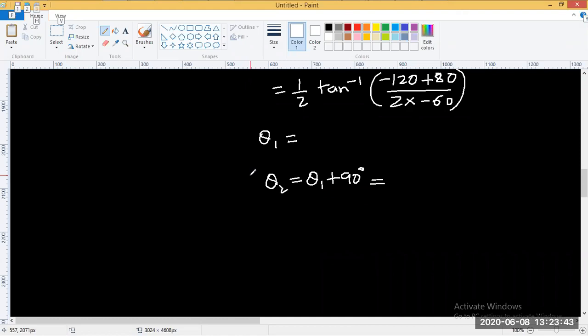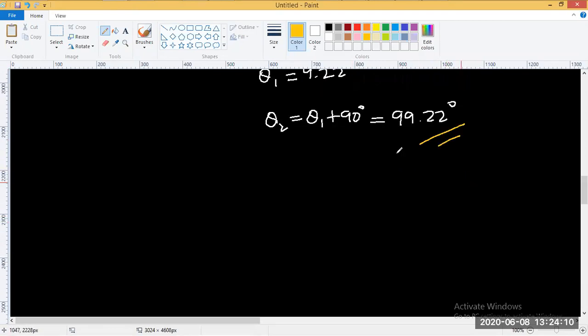Tan inverse of that over 2. Right. So you get theta 1 as 9.22 degrees. I just add 90 to that to get 99.22 degrees, and that's it. So that's it with the angles of shear stress.